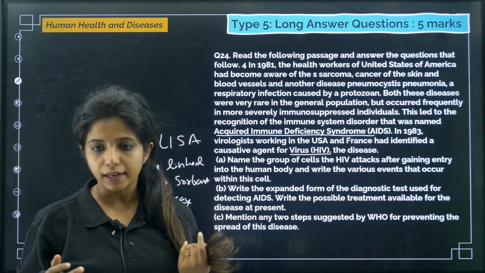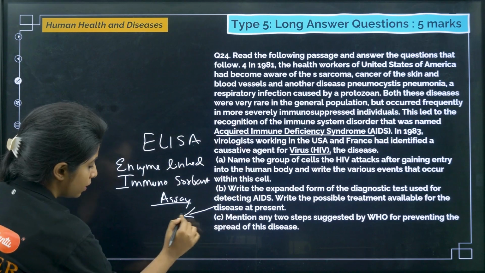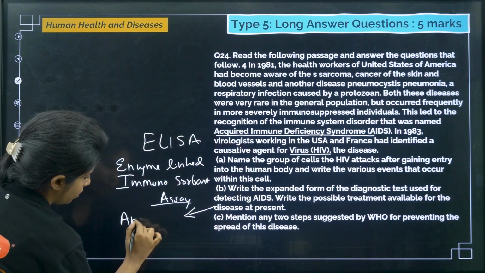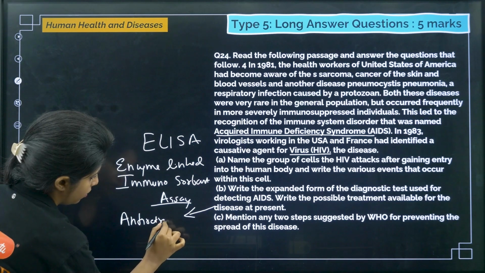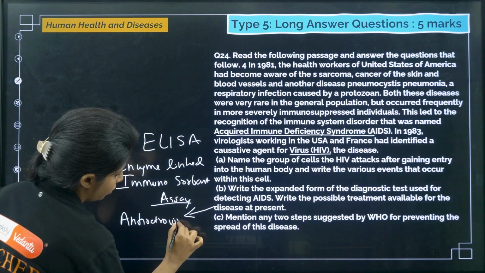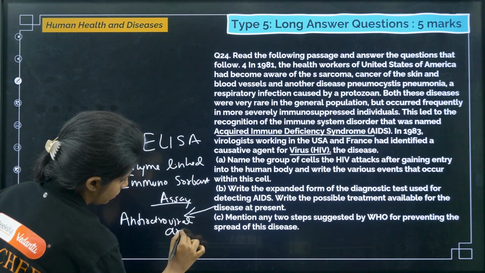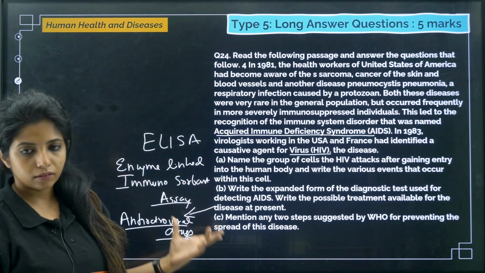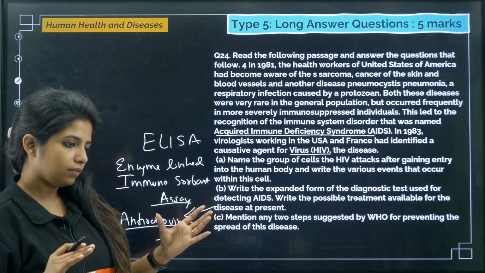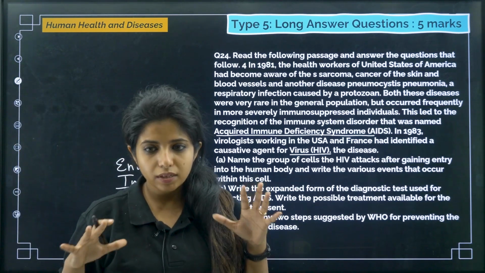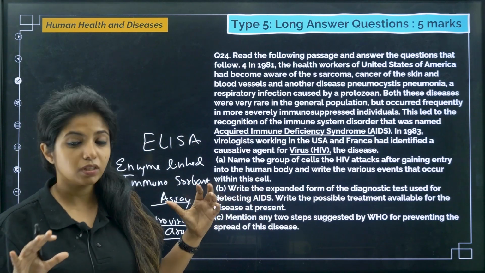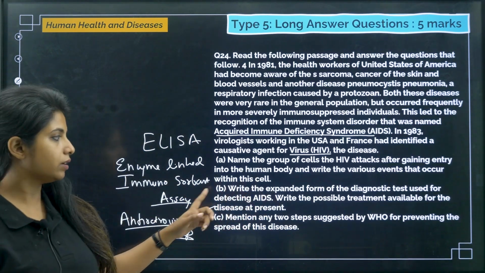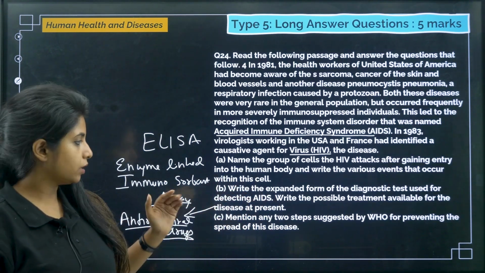No, you cannot cure AIDS, but you have antiretroviral drugs, which help in not causing too many diseases. So they will be in a stable condition because of these drugs. So antiretroviral drugs are used. Fine, that is a possible treatment.